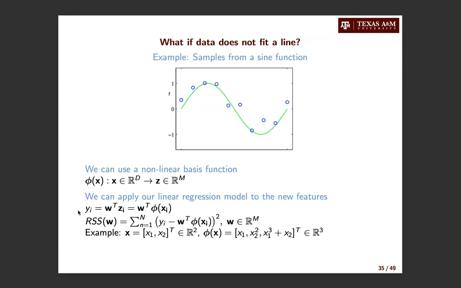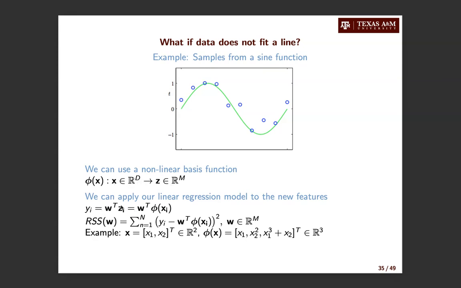So mathematically, this can be expressed by using a transformation function phi that takes as an input the original d-dimensional feature space and yields as an output another space of dimension m, which is a nonlinear representation or a nonlinear combination of the input features x.